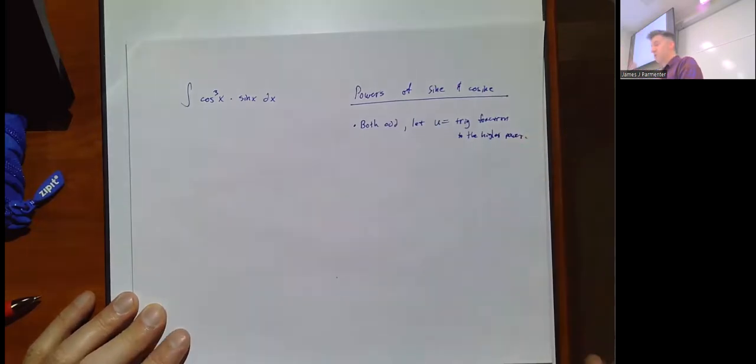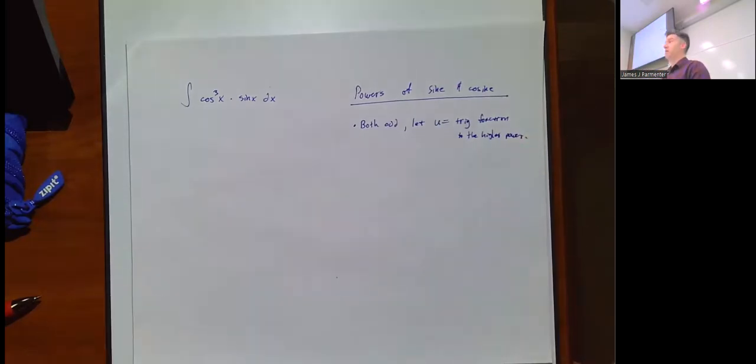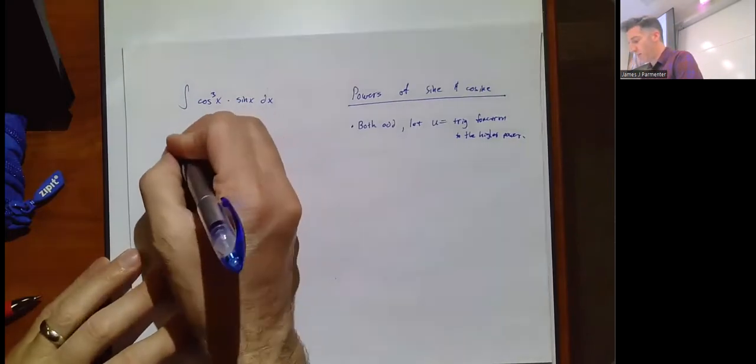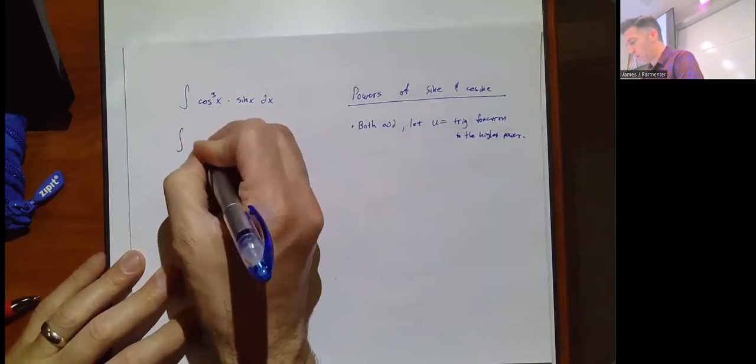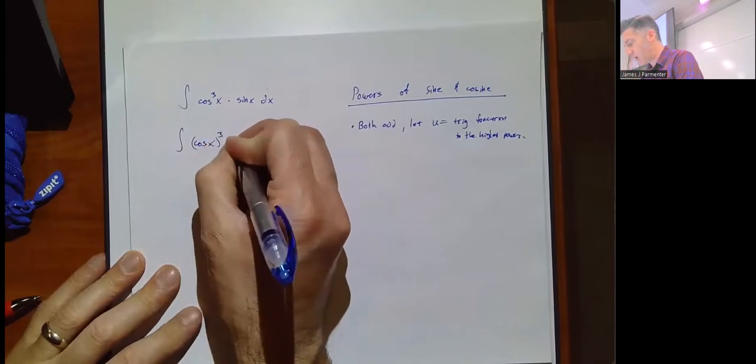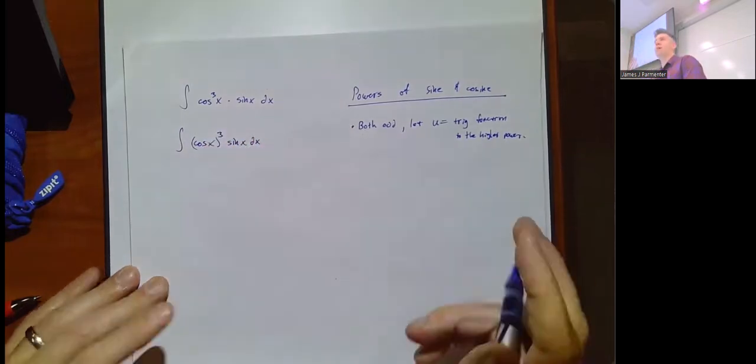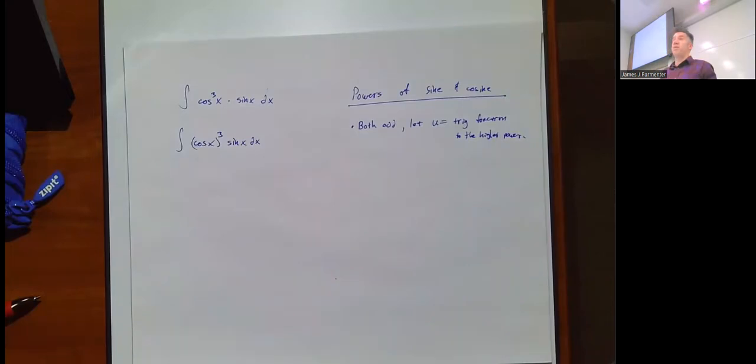So in this case, which one's raised to the highest power, cosine or sine? Cosine. So we're going to let u equal cosine, not cosine cubed, just cosine. Because again, you want to pick the thing that's stuck. In this case, cosine of x is kind of stuck inside being raised to the third power.